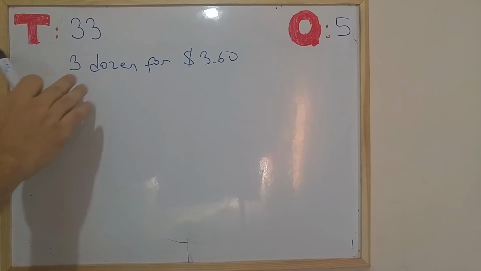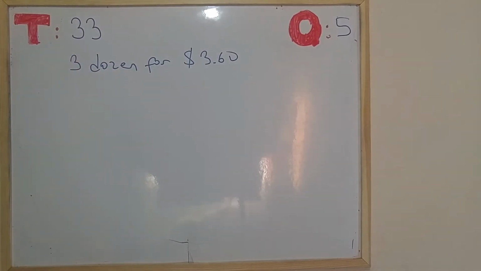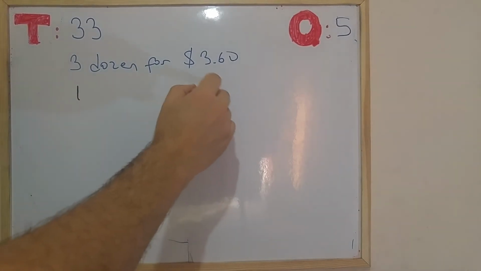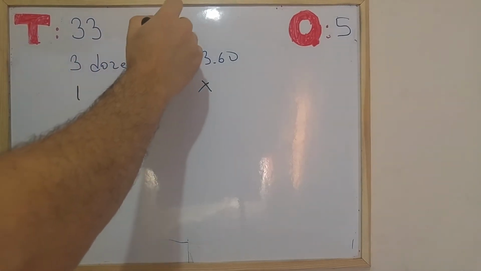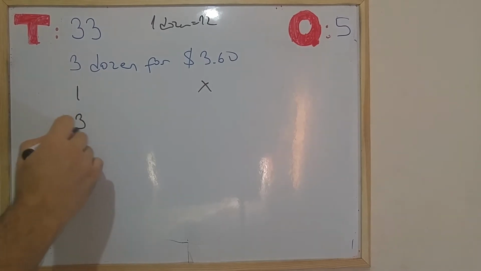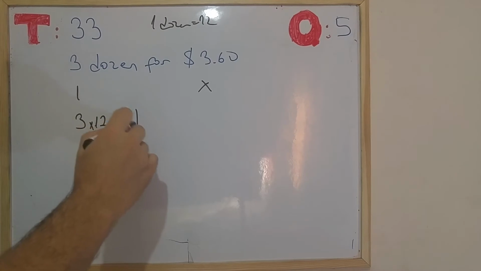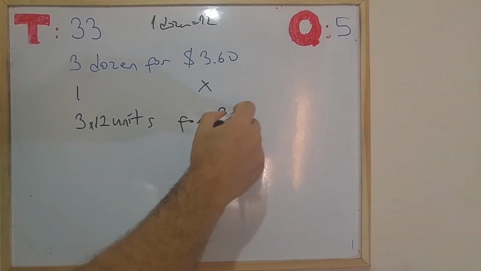Jack bought 3 dozens of pencils for $3.60, and let's find out the unit price of this. 3 dozens is equal to, as you remember, 1 dozen is equal to 12. So I can reshape this as 3 times 12 units for $3.60.